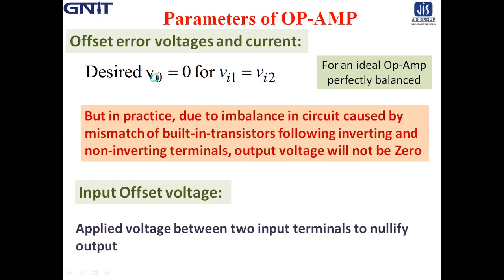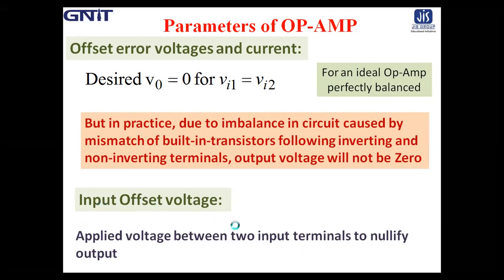So this is called the offset error voltage. Next is the input offset voltage. Input offset voltage is the voltage that must be applied between the two input terminals of an op-amp to nullify the output, or to get a 0 output. That is called input offset voltage.